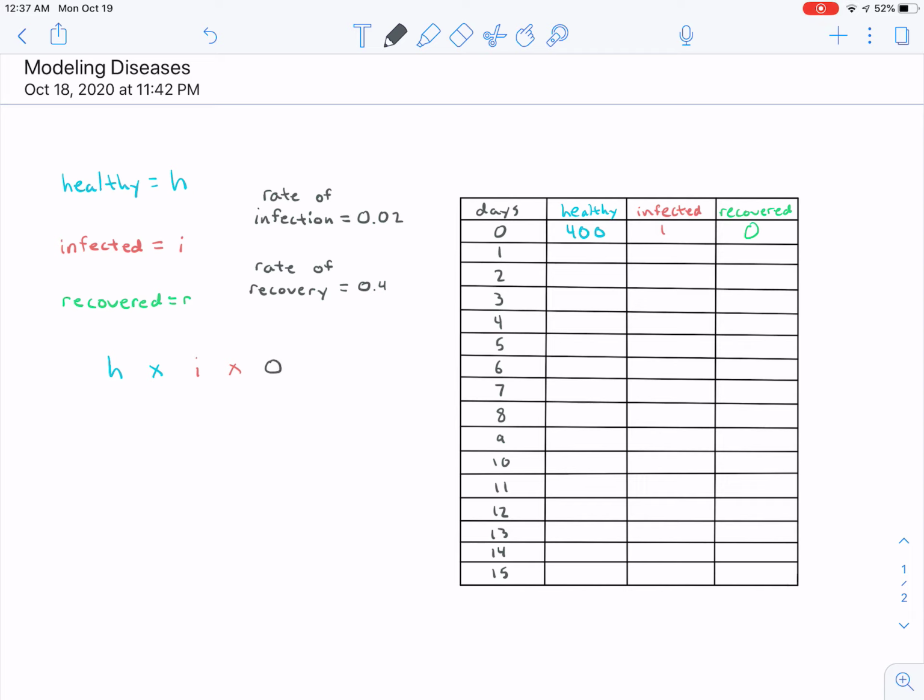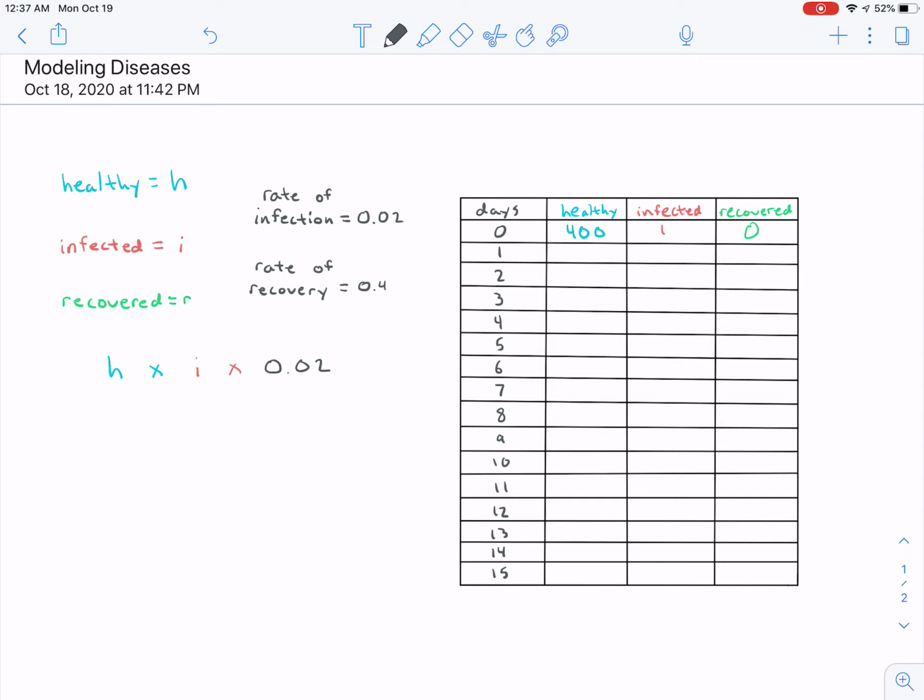So for this, it's 0.02, which I'm just going to say right now is pretty high. What the rate of infection is basically how fast the disease spreads, how fast the infection spreads, right? How easy is it for somebody to spread it to somebody else? So the higher this number is, the faster it's going to spread. The lower the number, the slower it's going to spread.